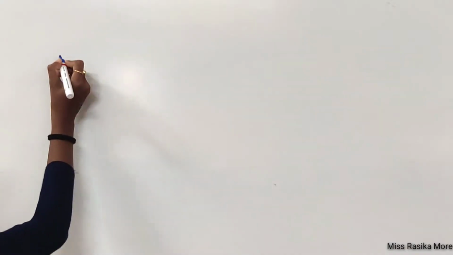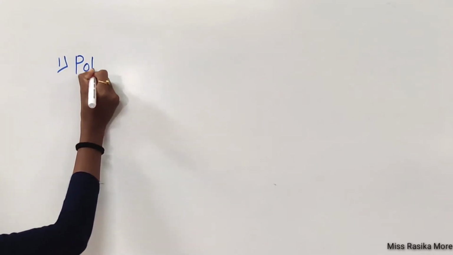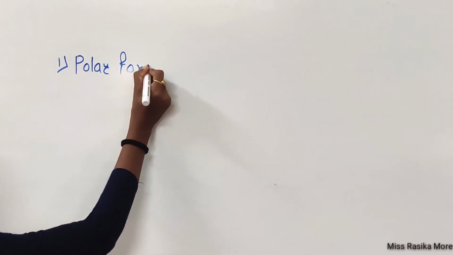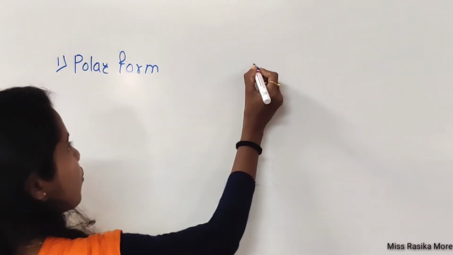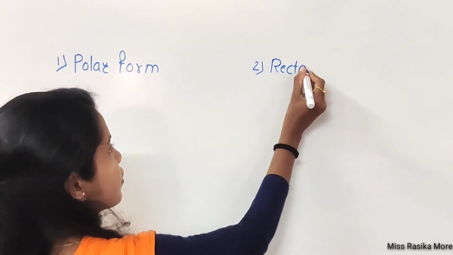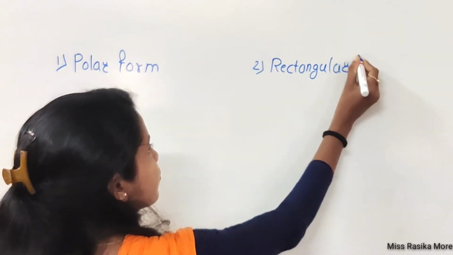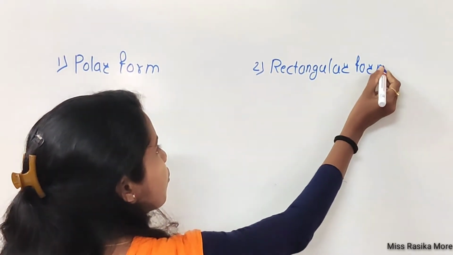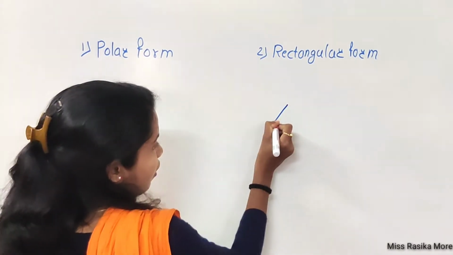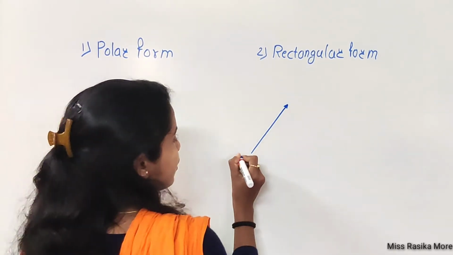So first is polar form, and the second one is rectangular form. We know what a vector is. A vector is simply a straight line with an arrow on one end.